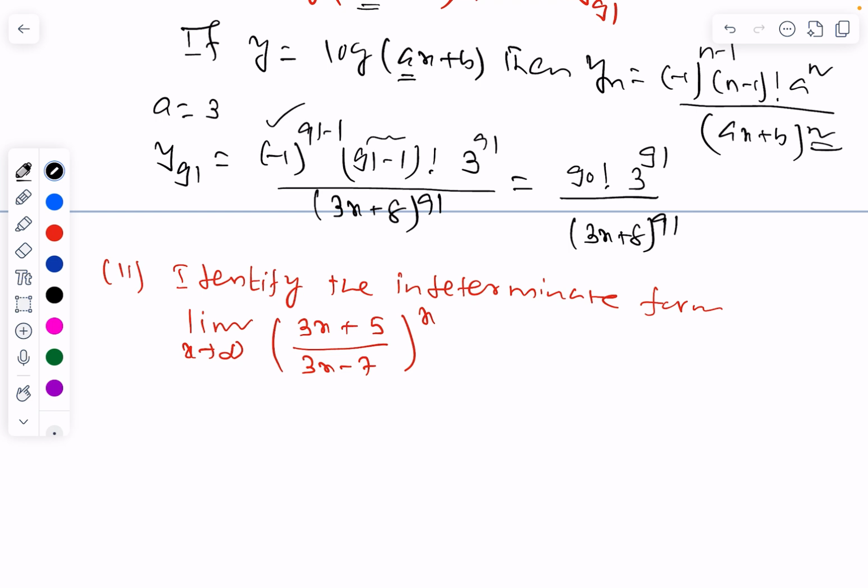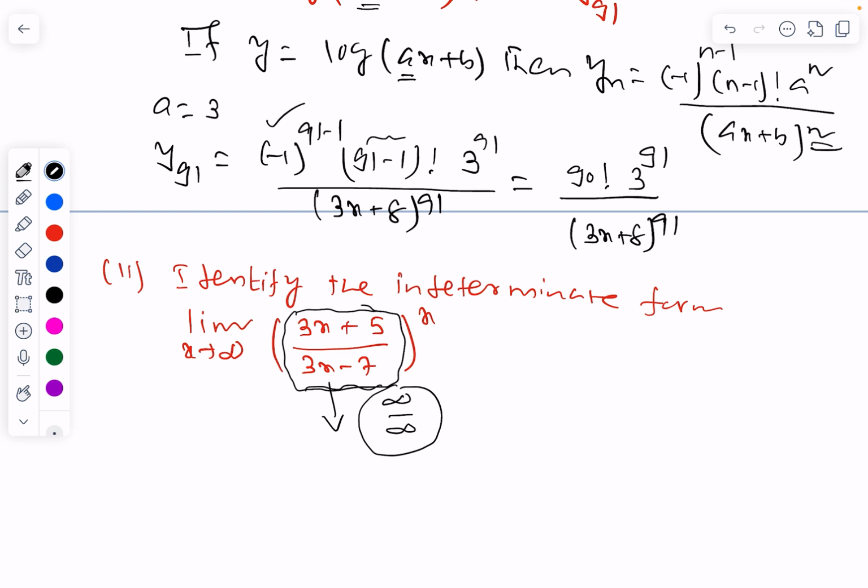Now here we have limit x tends to infinity of 3x plus pi over 3x minus 7. When x tends to infinity, this is infinity by infinity form.